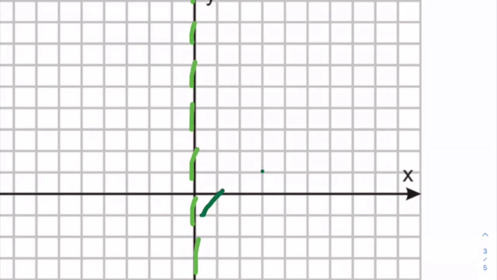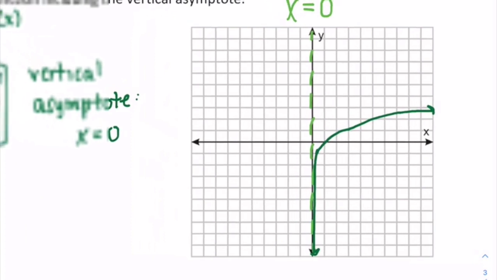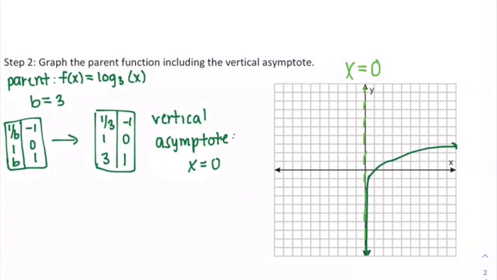Once the points are on your graph, go ahead and connect the dots as best you can, making it as neat as possible. Be sure to not let your line cross that asymptote. Again, pause the video at any time if you need to slow down.